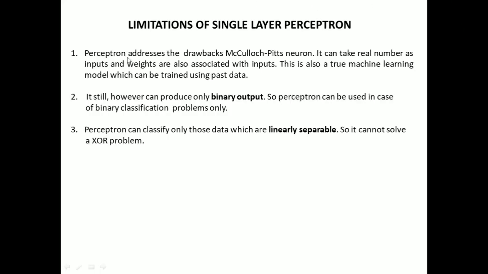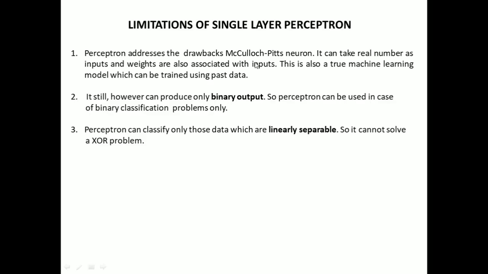Finally, we shall conclude our discussion on single layer perceptron by discussing some points. We have discussed the McCulloch-Pitts neuronal model. The perceptron addresses the drawbacks of the McCulloch-Pitts neuron. That is, the perceptron can take real numbers as inputs and weights, whereas the McCulloch-Pitts model cannot take real numbers as weights associated with the inputs.